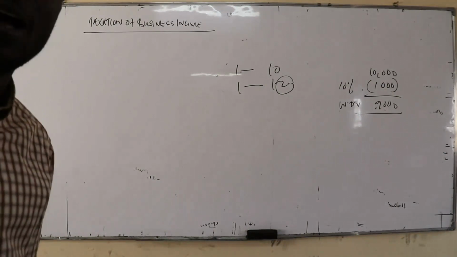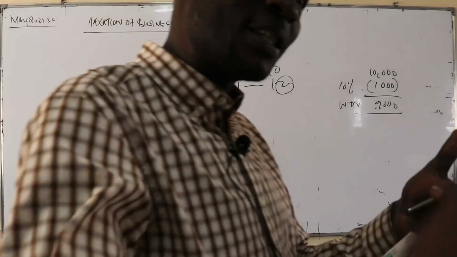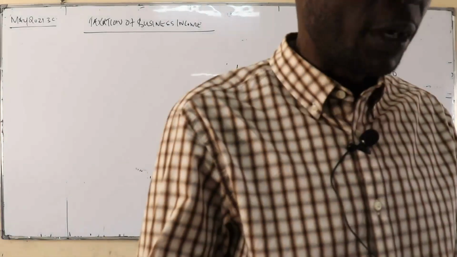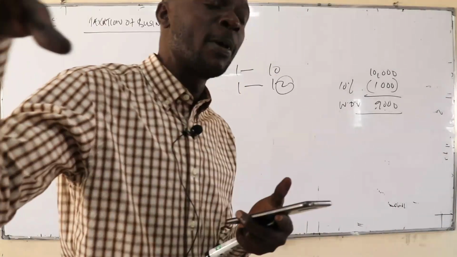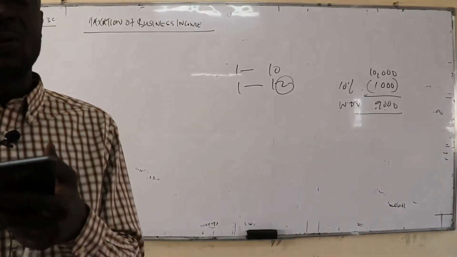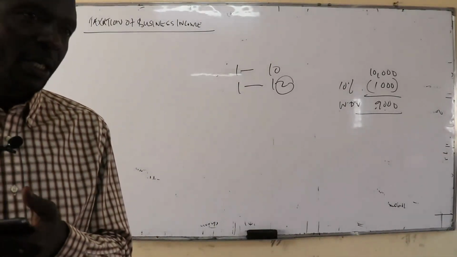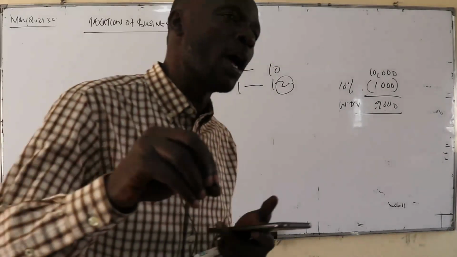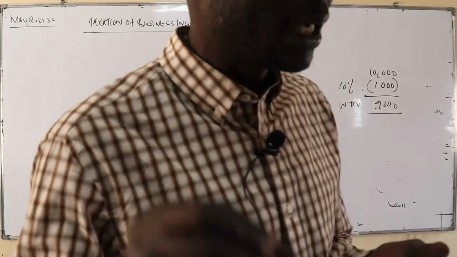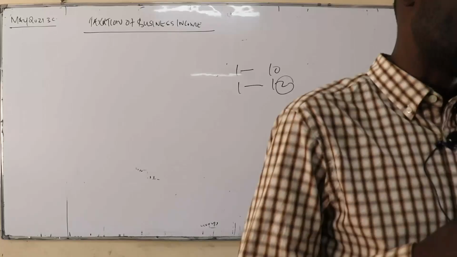You just keep quiet. Maybe that person, after some time, can decide to pay, isn't it? So he had already written it off. But now, after some time, he pays or she pays. Then that one will be treated as a taxable income. So when you write off bad debts, you just keep quiet. You don't tell the debtors that I've written off the debt.